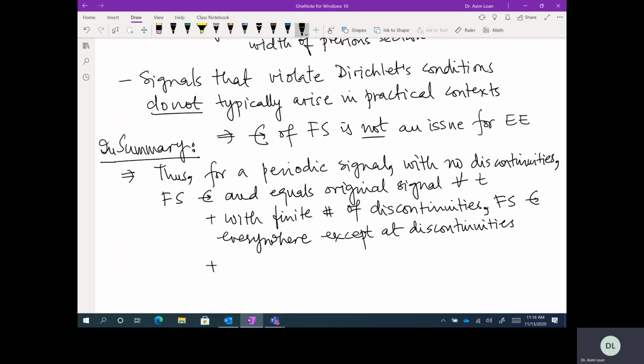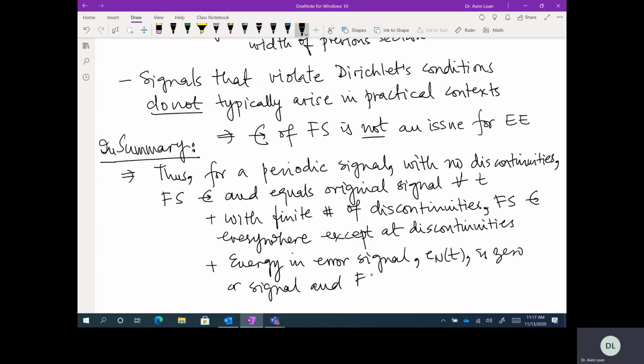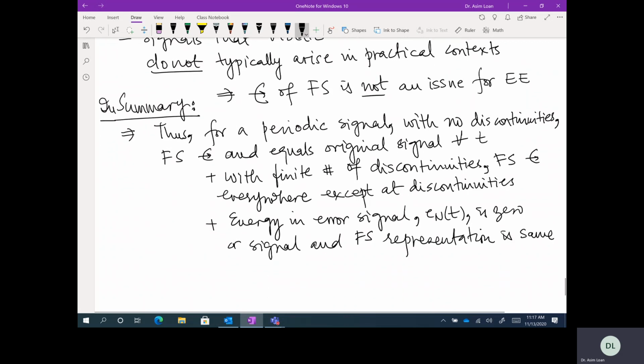The energy in the error signal, that is e_n(t), is zero, or the signal and Fourier series representation are the same for all practical purposes.